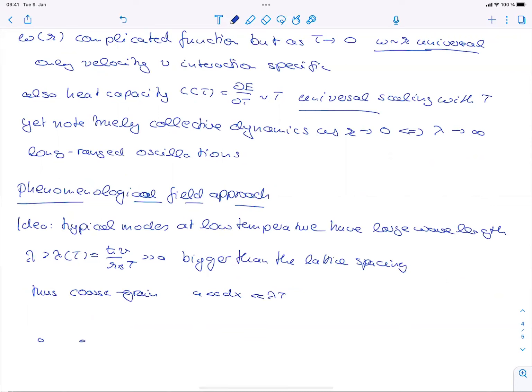Instead of looking at my individual particles that are a apart, we're going to look at a continuous deformation field that I try to draw. Let me try it again.